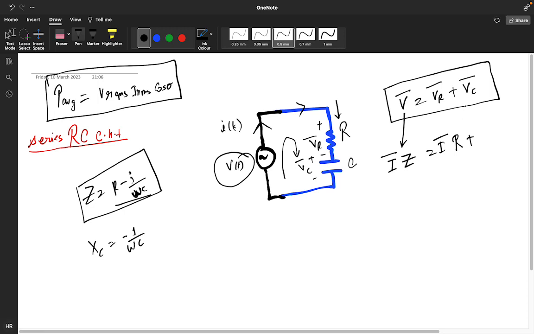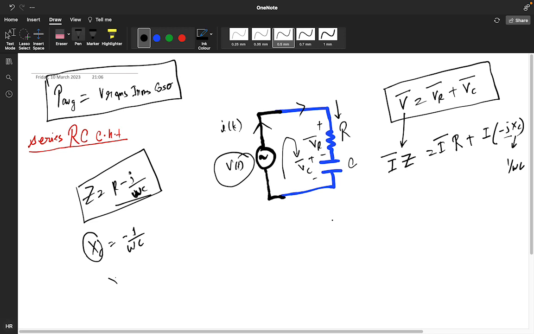Okay, that's it. And your VC will be what? I phasor into the capacitance value, XC. We can take it as minus J XC, where XC is 1 by omega C because we consider the minus sign.